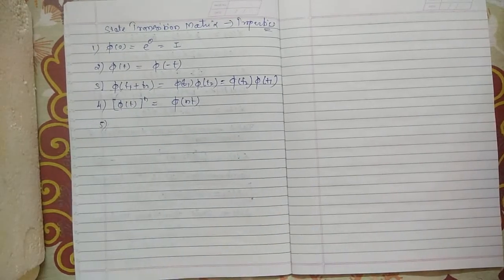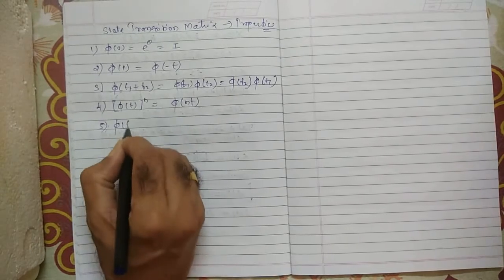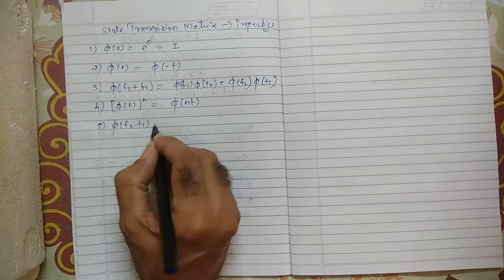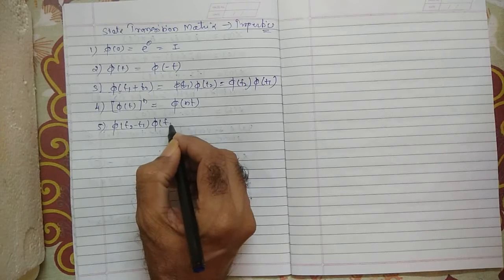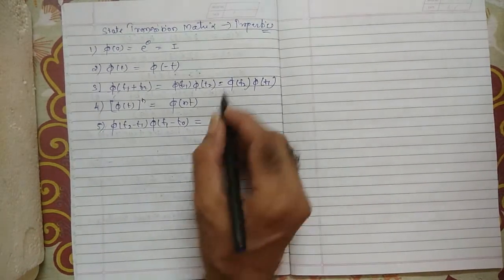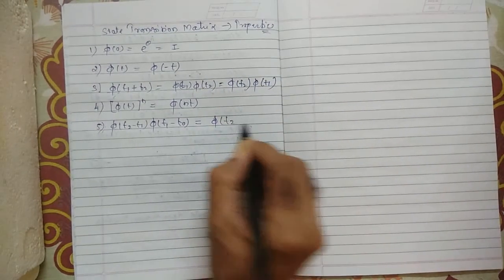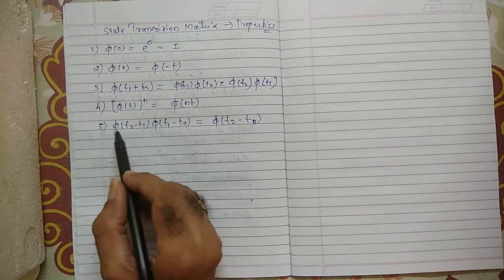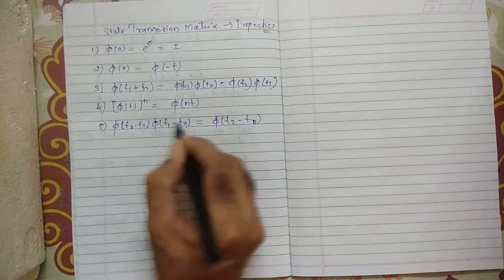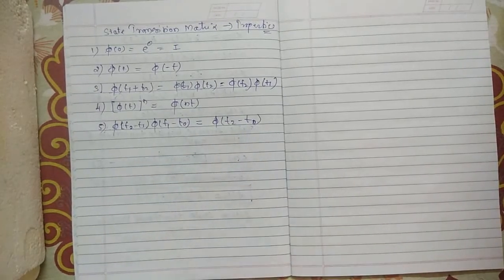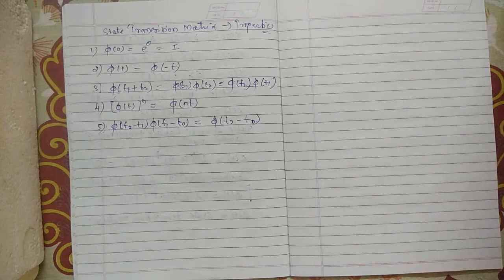And one more property: phi of t2 minus t1 multiplied by phi of t1 minus t0 equals phi of t2 minus t0. So this is another property of the state transition matrix.